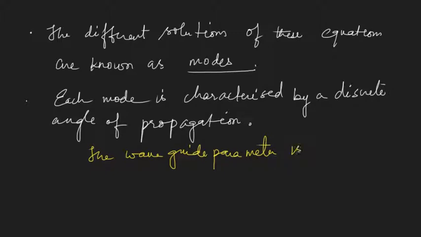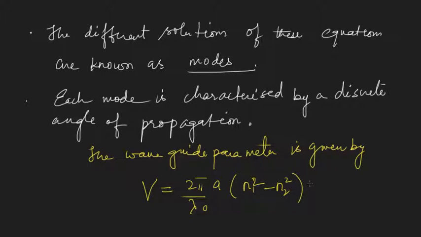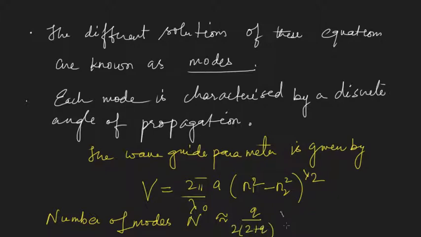The waveguide parameter is given by V = 2π/λ0 · a · (n1² − n2²)^(1/2), where λ0 is the wavelength of light in free space, a is the radius of the fiber, and (n1² − n2²)^(1/2) is the numerical aperture. And the number of modes N is given as q/(2(2+q)) · V².